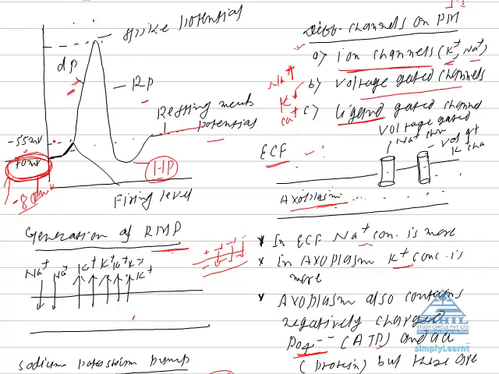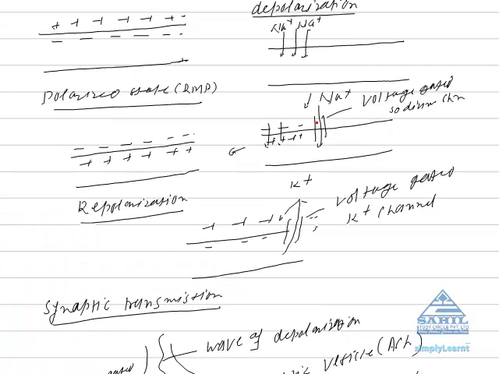At the minus 55 millivolt difference, which I have marked as the firing level, voltage gated sodium channels open, and it causes the depolarization of the entire axon membrane. In this diagram you can see initially sodium ions enter through ion channels.